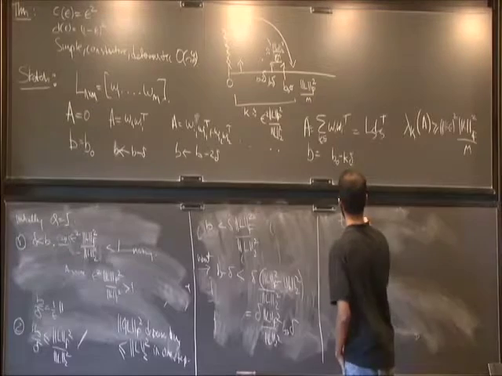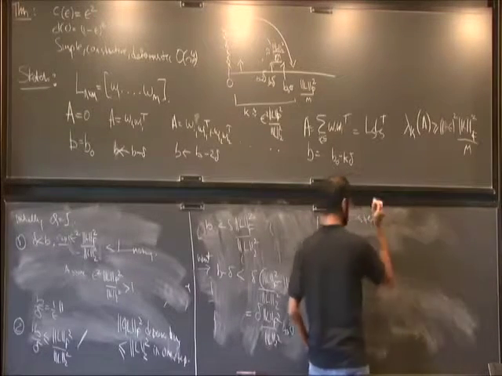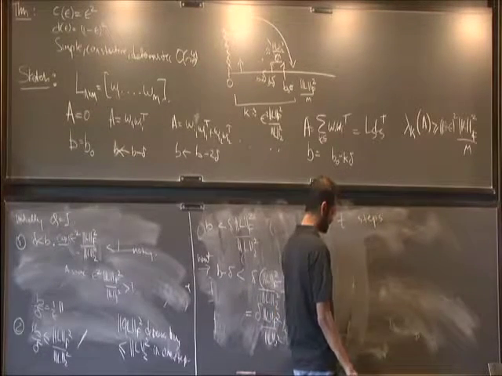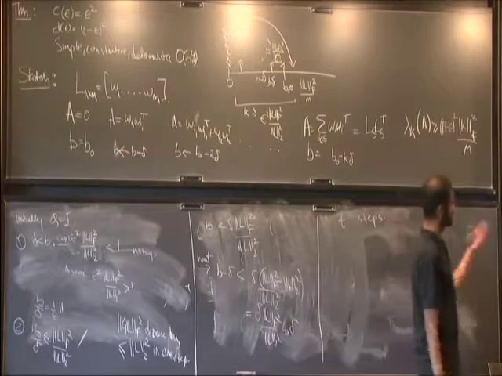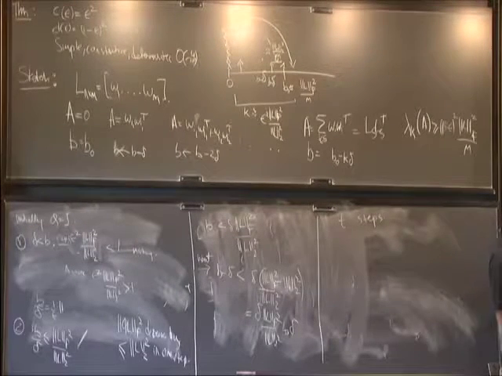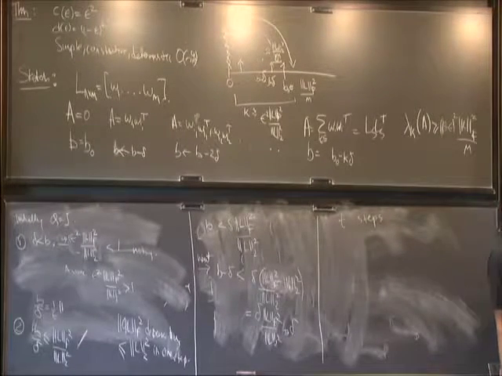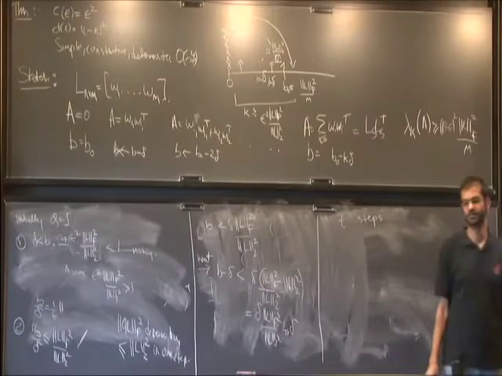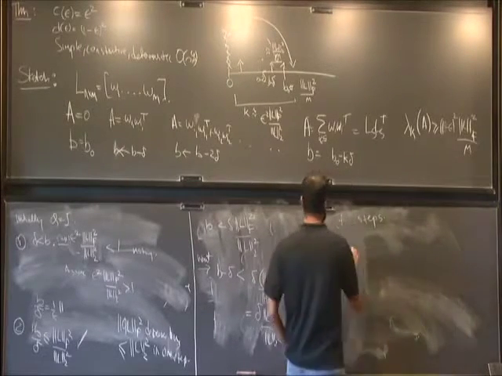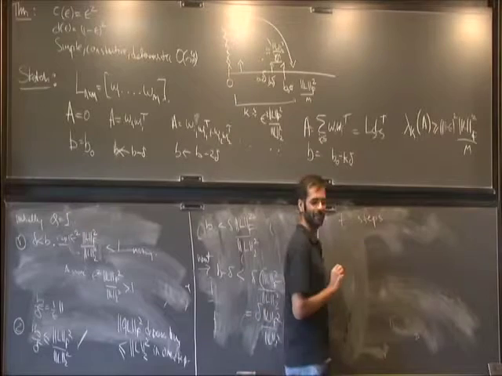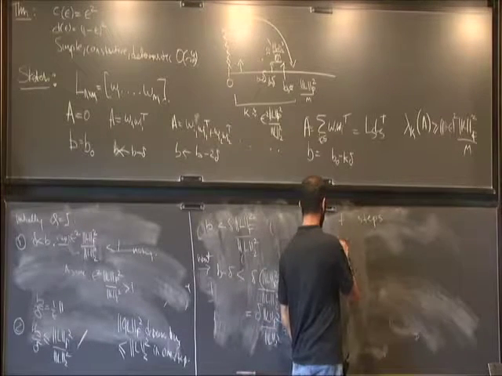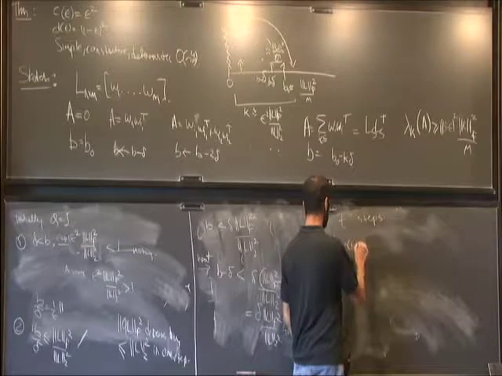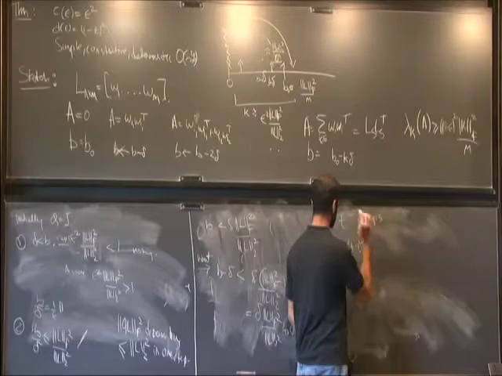And I can continue this process. Suppose I want to take t steps. I can continue until these things stop holding. This condition will hold forever, but I have to stop when b gets bigger than delta, right? So after t minus 1 steps, the value is b naught minus t minus 1 times delta.